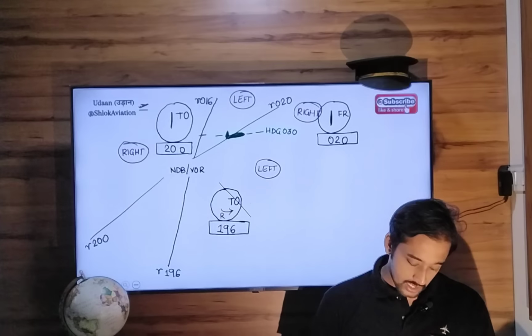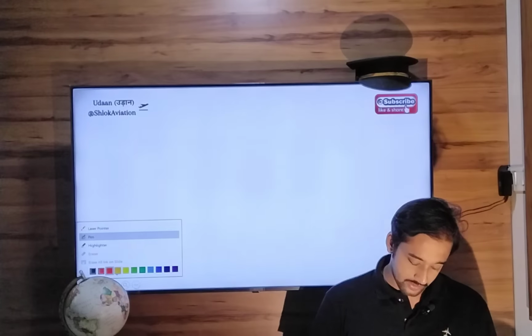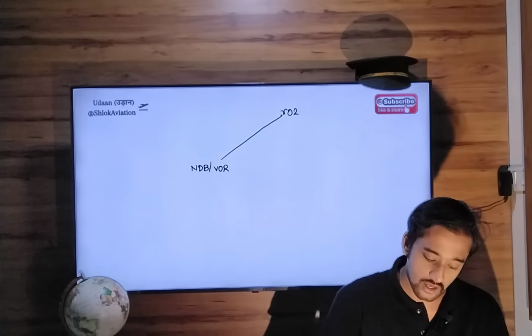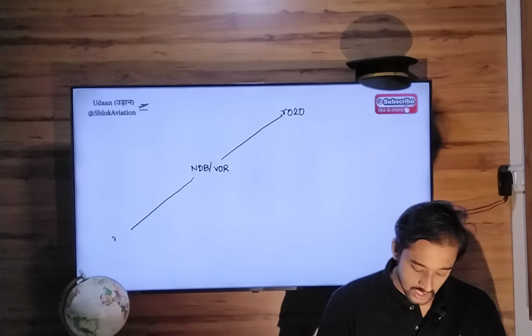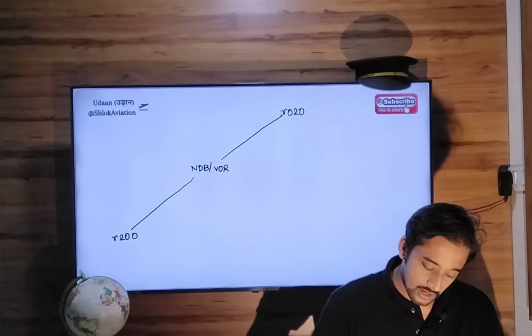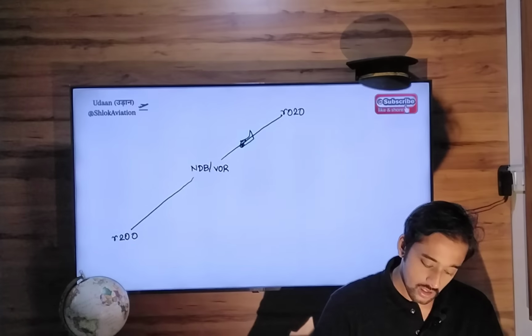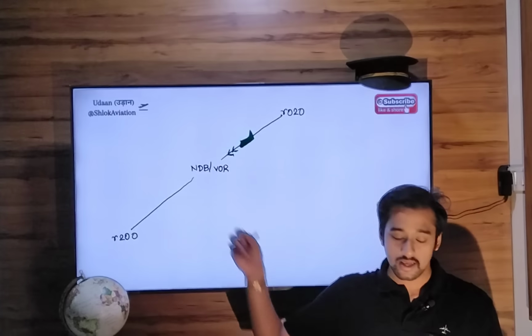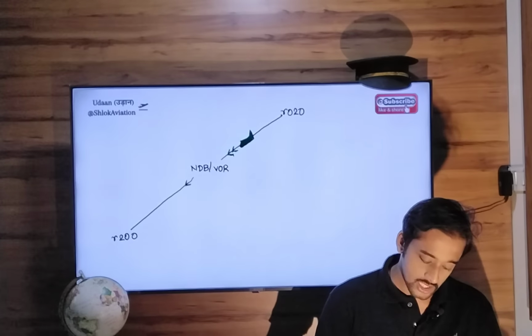Now if the pilot continues, I will draw here. This is NDB and this is VOR. If you fly radial 020 and this is radial 200, so if you continue flying inbound on radial 020, you will overfly this VOR station and then automatically transition to radial 200.